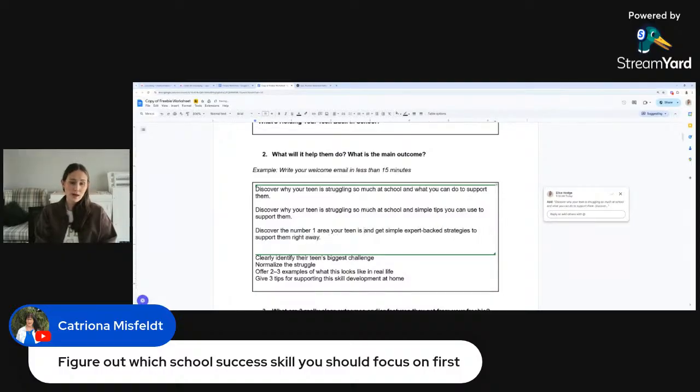Or maybe it is through that angle of the number one area that's holding your teen back at school. The number one area, it's almost like the number one area struggle.